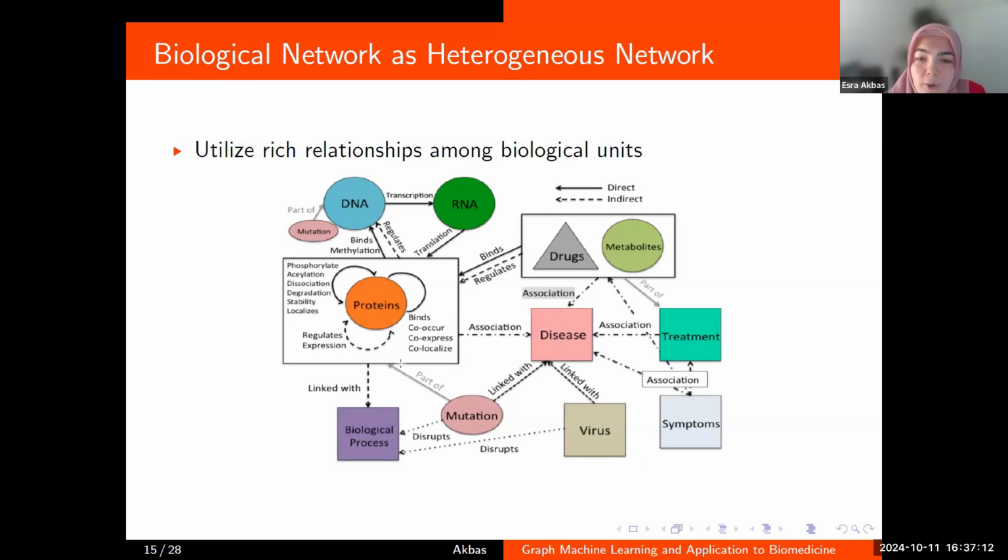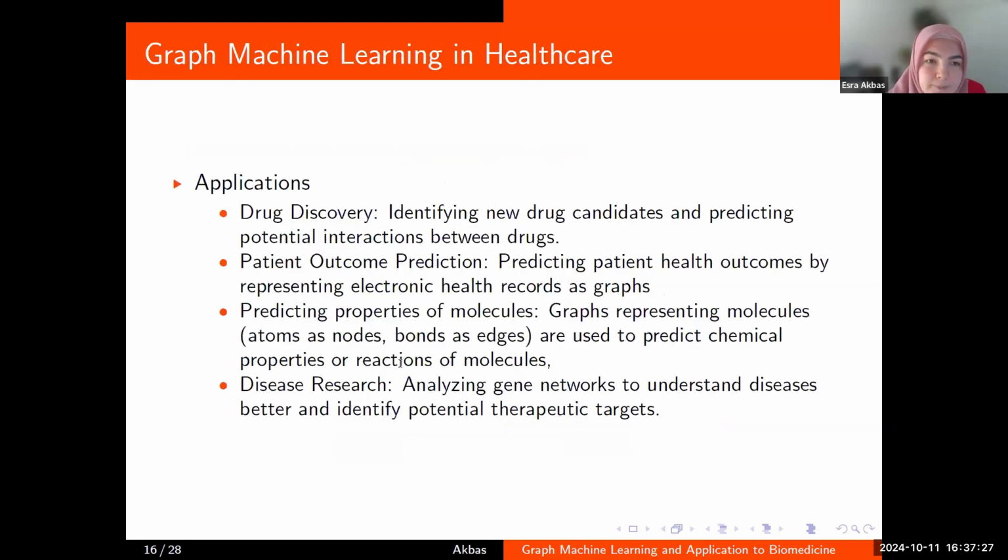Using all this information in one model helps us make better prediction, better disease prediction, better treatment, and also design better drugs.